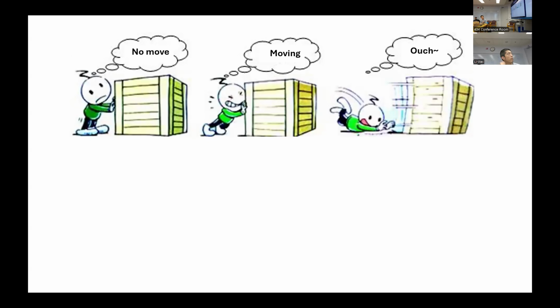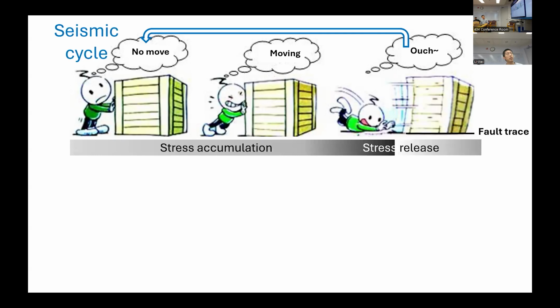So what is an earthquake? That's something I would like to explain with this kind of cartoon. You can see the people pushing a box. If you come closer to the cartoon, you can see this kind of movement is relevant to stress accumulation and stress release.